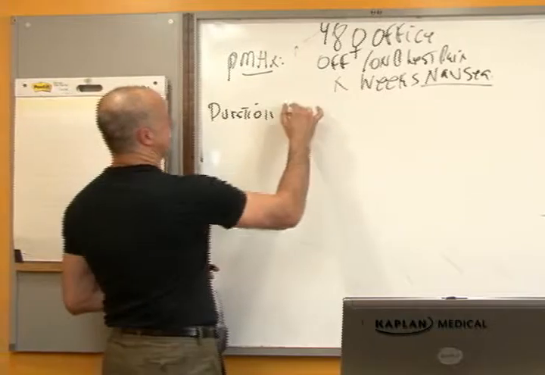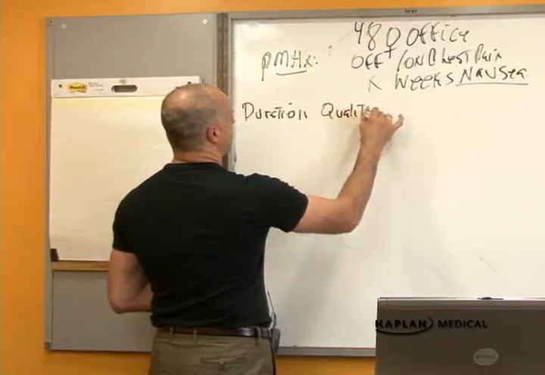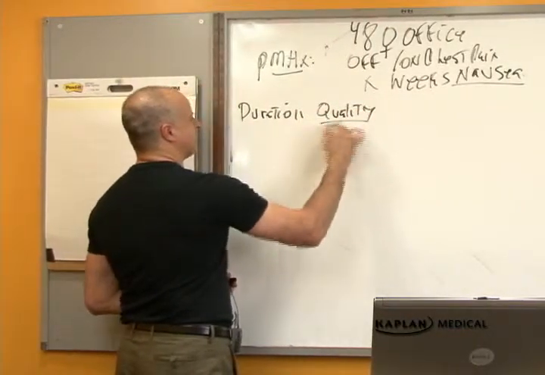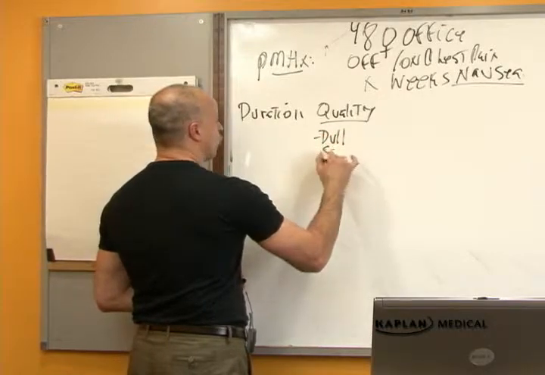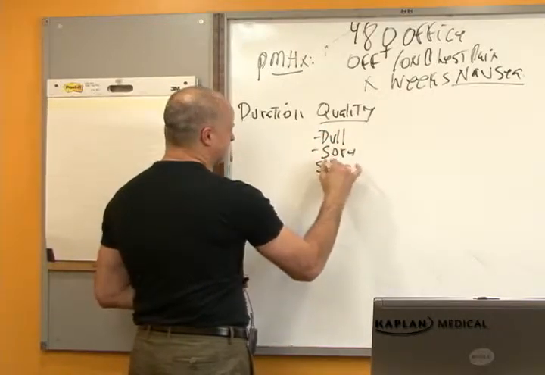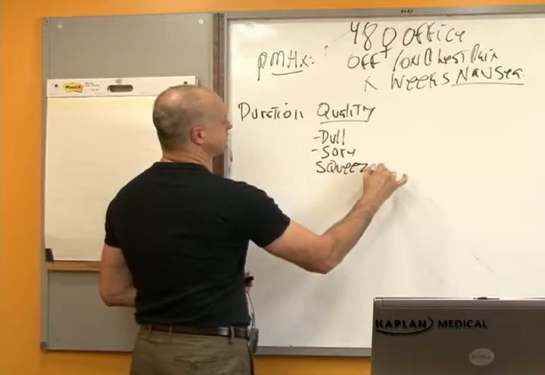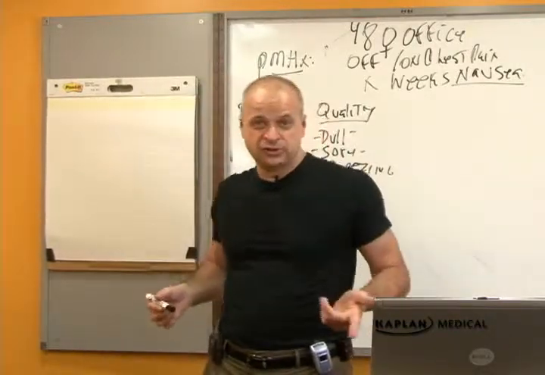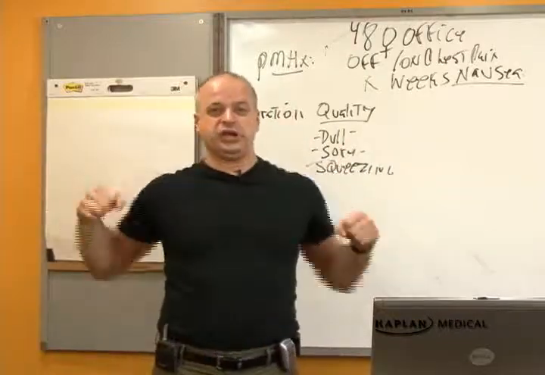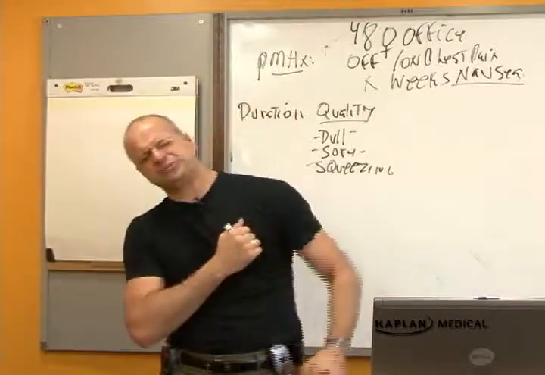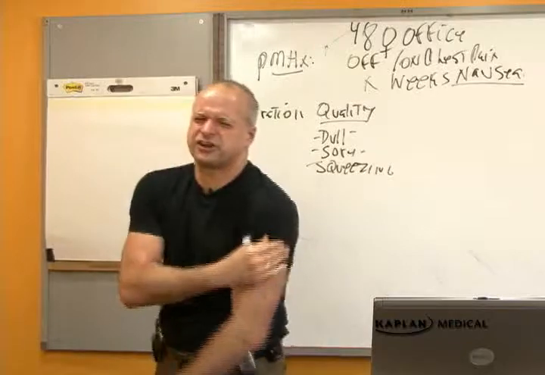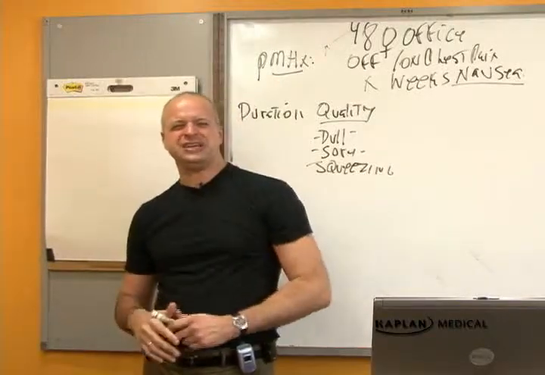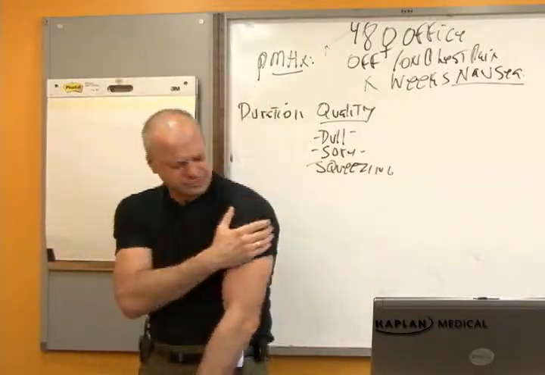The quality. Ischemic pain is dull, sore, squeezing. In other words, ischemic pain is like you going to the gym, lifting weights, pumping, and ooh, I'm sore. That hurts. It's sore like a muscle. Ooh, who hit me?